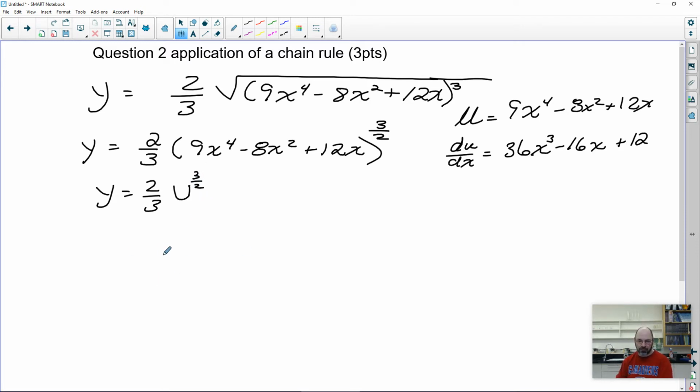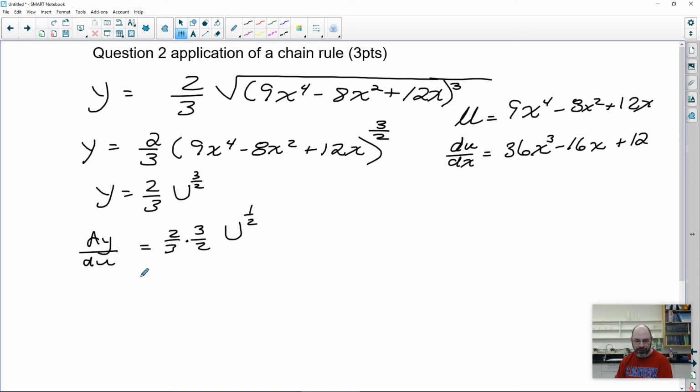So now we have to do dy/du. That's going to be this times this, so 2/3, I'll write this one out, times 3/2 u to the 3/2 minus 1, and 1 is 2/2, so that'd be 1/2.